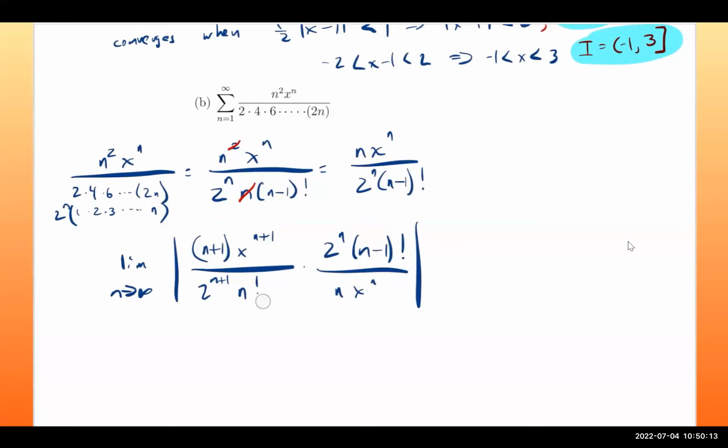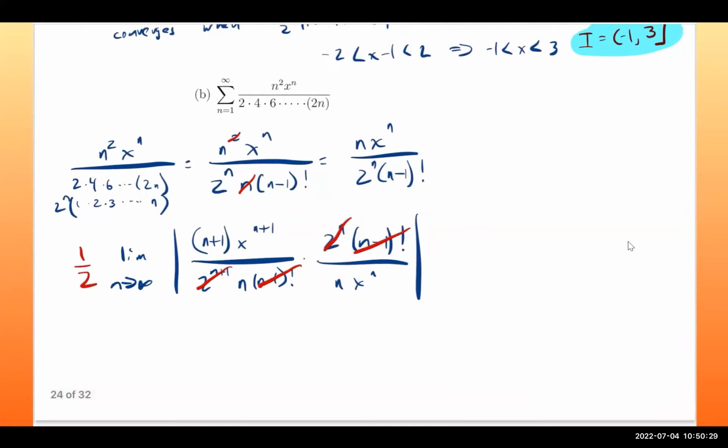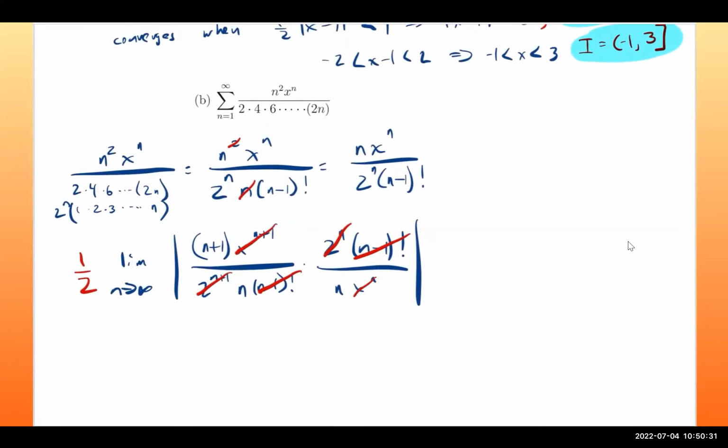This can be rewritten as n times n minus 1 factorial. Then you can cancel these out. All right, these cancel, and you're left with the 2 in the denominator, which I'll write outside. And then these cancel, and you'll be left with an x to the first power in absolute value. So this becomes, and you still have n plus 1 over n squared because of the 2 n's here.